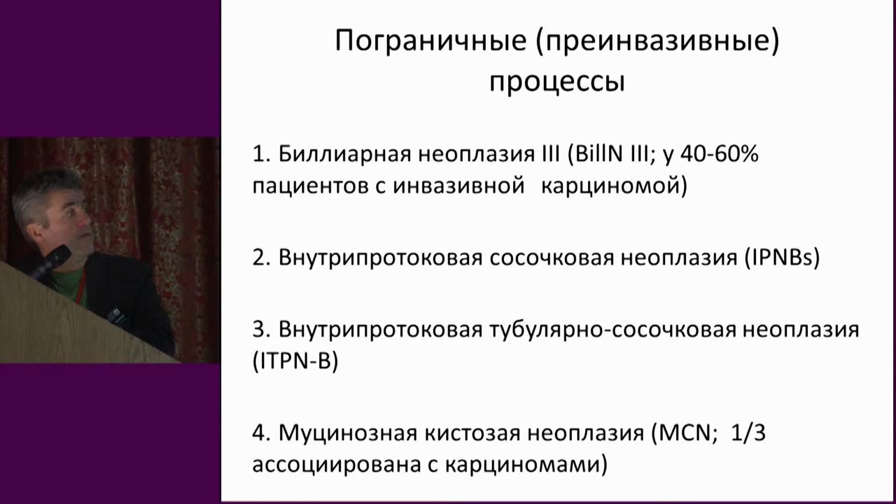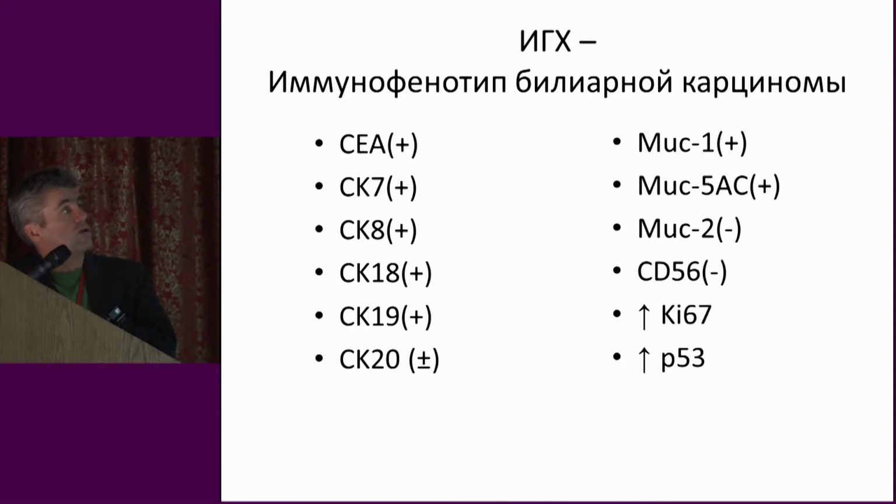And finally, we're talking about the fourth type of neoplasias, which are associated with mucin formation and formation of mucinous cystic neoplasia. Quite often when we find this pathology, we imply that adenocarcinoma is present as well.